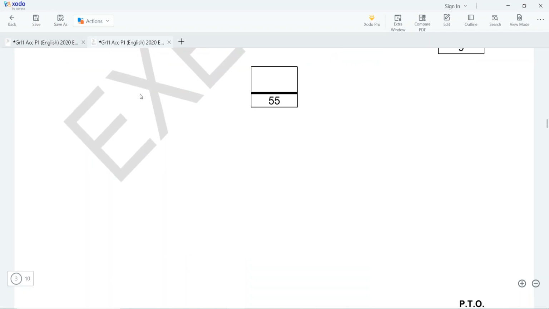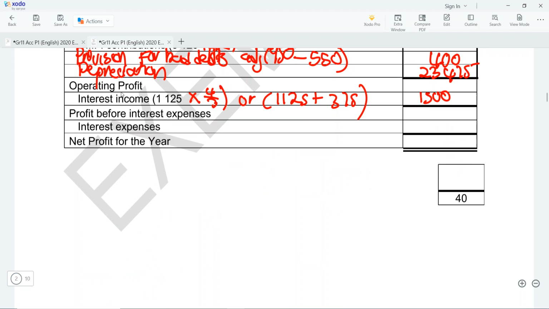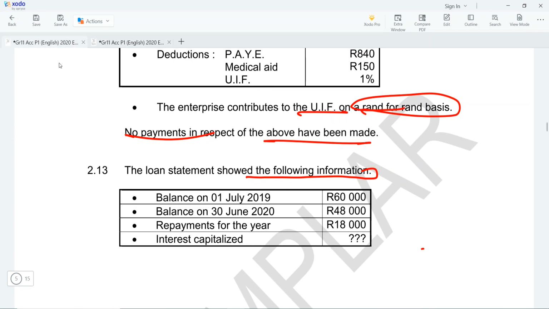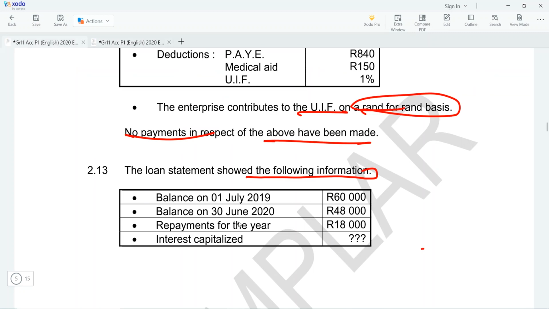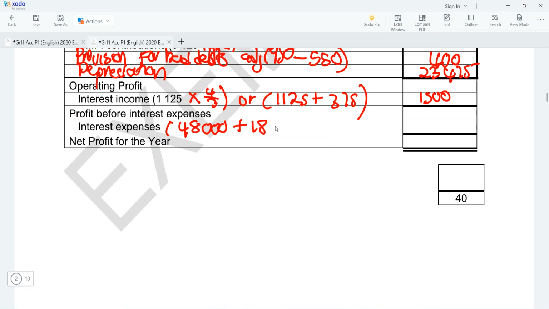So remember, according to this, our closing balance is 48,000. So we're going to have that 48,000, and then plus, let's see what else we are seeing. Our repayments according to here, it's 18,000. So we say plus 18,000, and then we subtract the opening balance of 60,000. Then we'd have our interest expense.